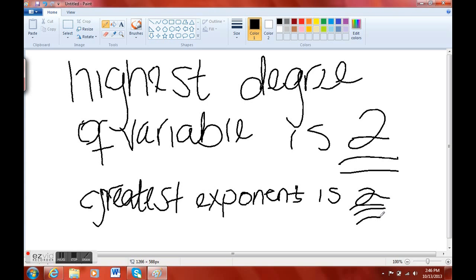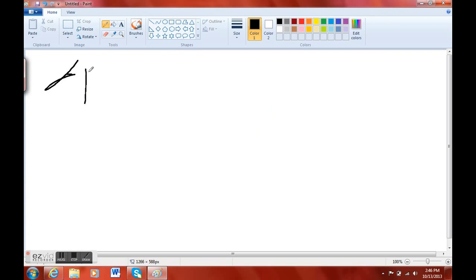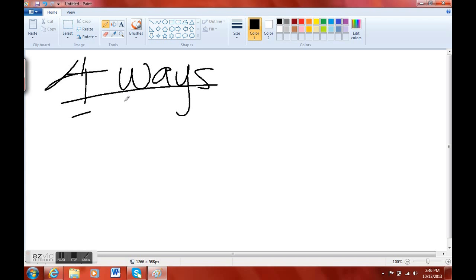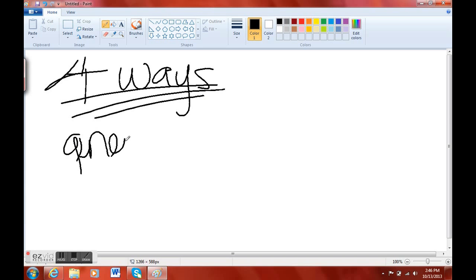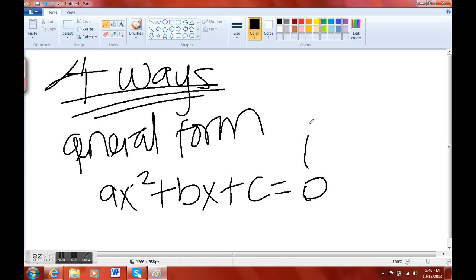There are 4 ways to solve quadratic equations. But before we get into that, the first step to doing every single problem is changing everything to general form. General form is as follows: ax squared plus bx plus c equals 0, where a, b, and c are variables, and a is any real number other than 0.